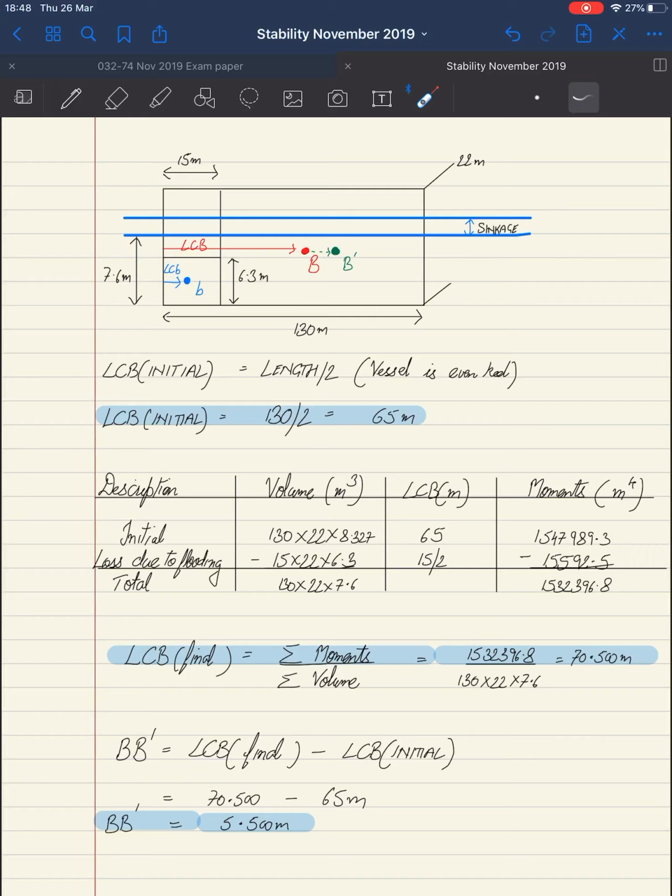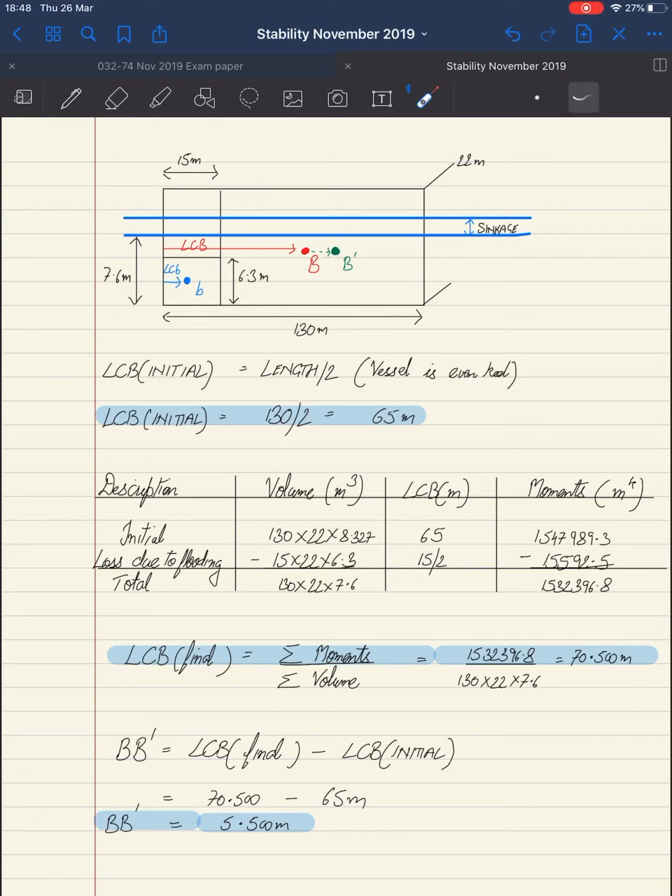We know the loss due to flooding of the compartment. The volume of that compartment is, length 15 meters, breadth 22 meters since it extends up to its full breadth, and height of 6.3 meters, because this is a watertight flat.